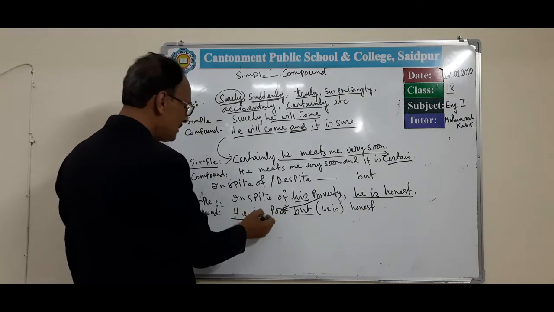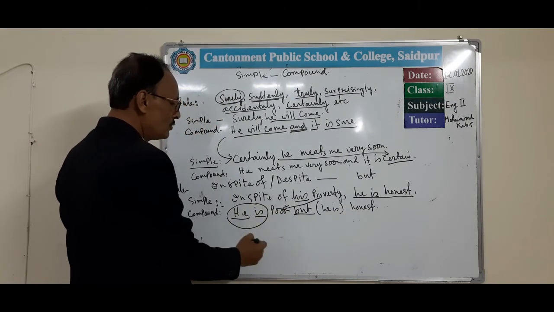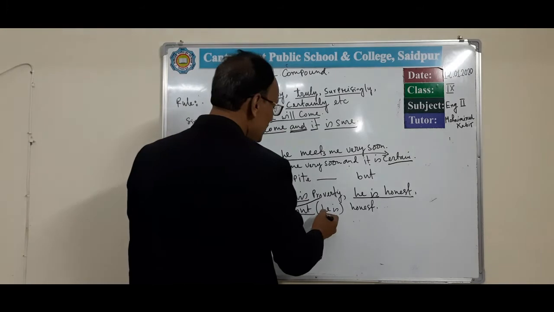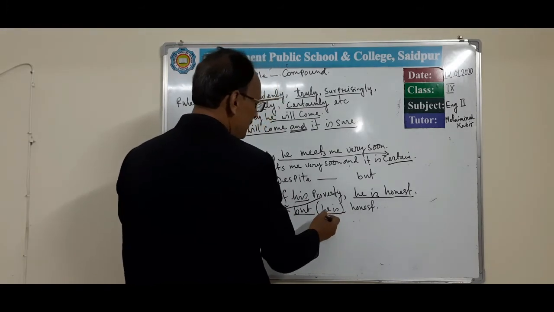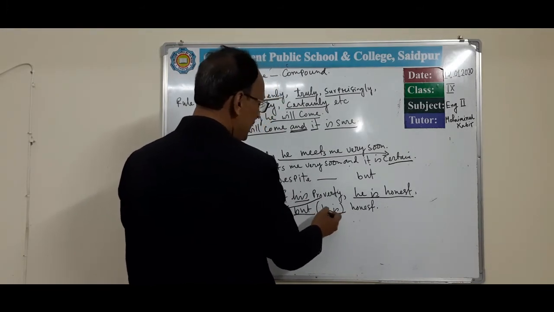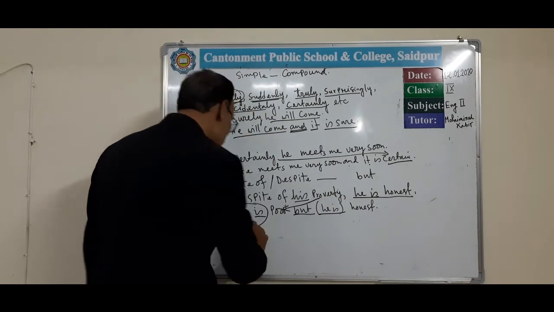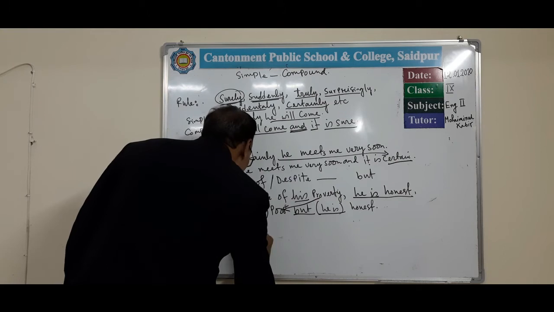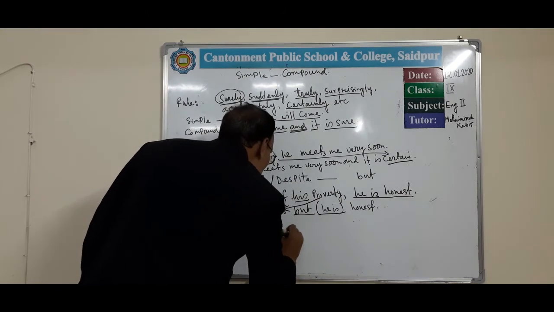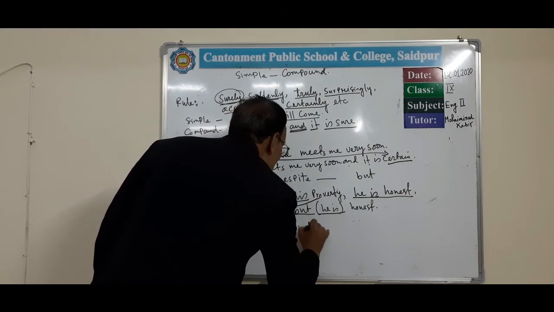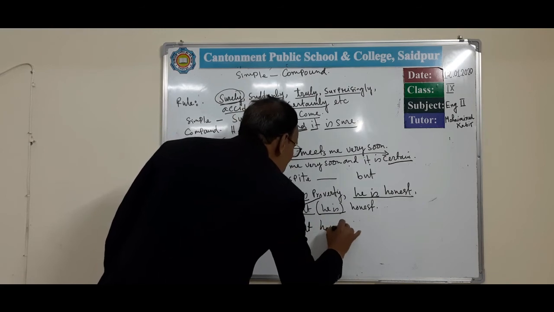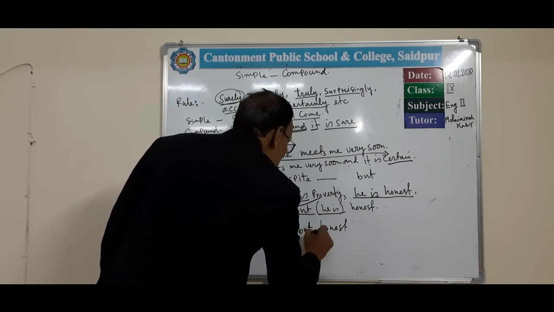The subject and verb are the same, so we don't need to write he is again. To help you understand, I have written he is on the board. That means the sentence will be: he is poor but honest.